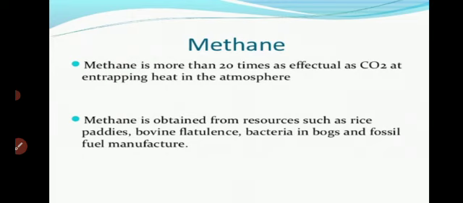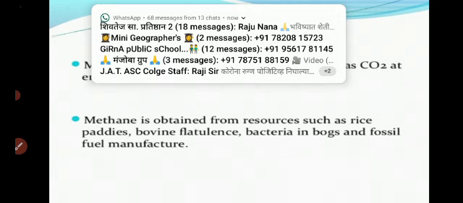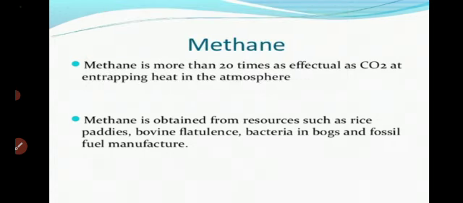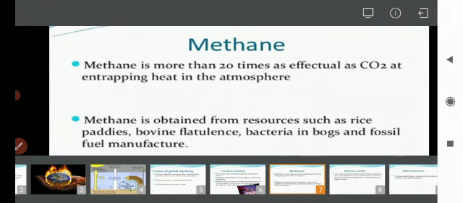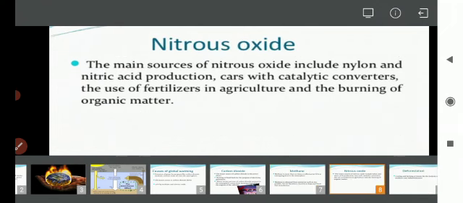Nowadays, the human actions in agriculture as well as in industries are in huge numbers. So the main sources of nitrous oxide include nylon and nitric acid, that we had seen. Next slide.